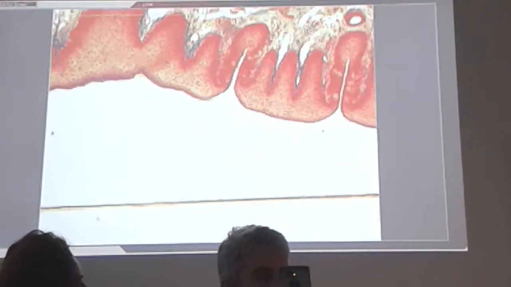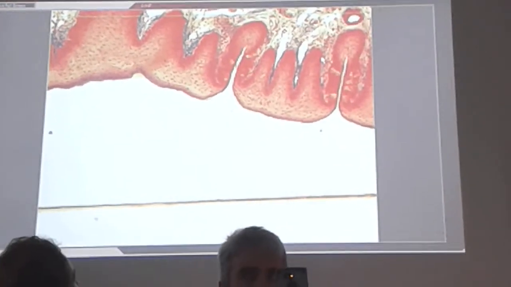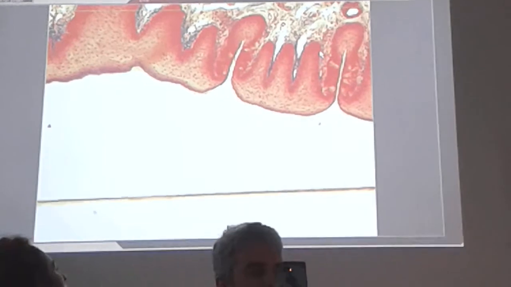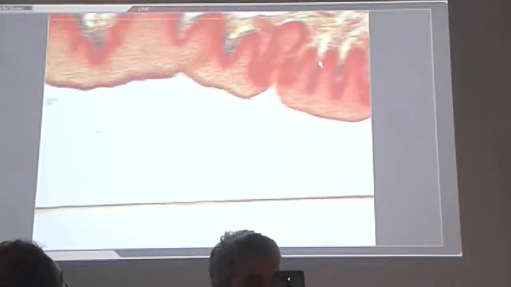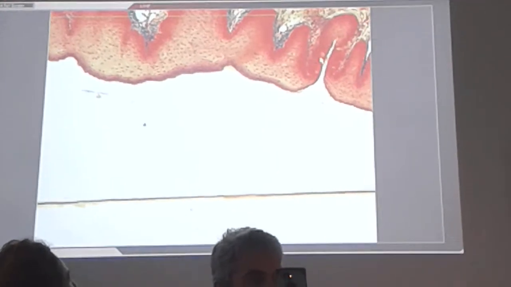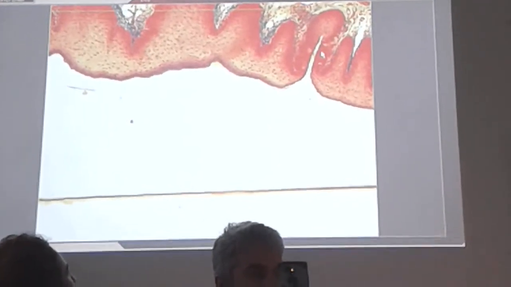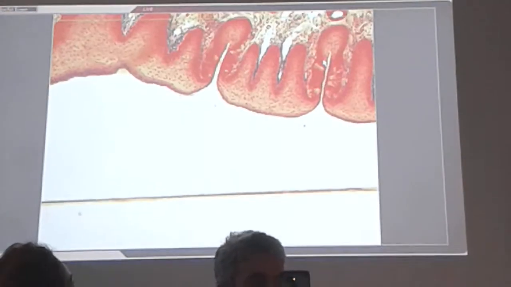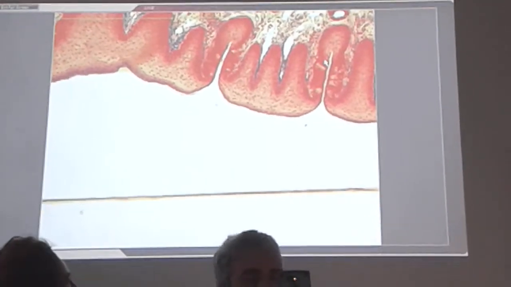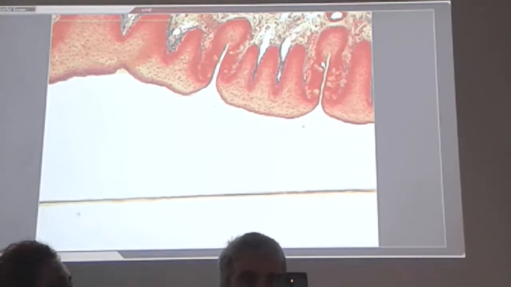Here the foliate type of papilla is clearly identified with the lateral sulci, one on the left side and another on the right. These sulci are also lined with a special type of epithelia.